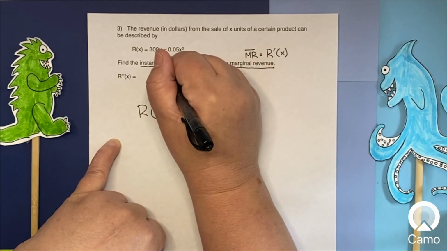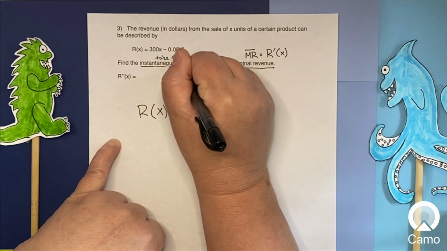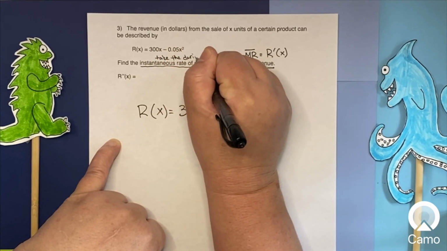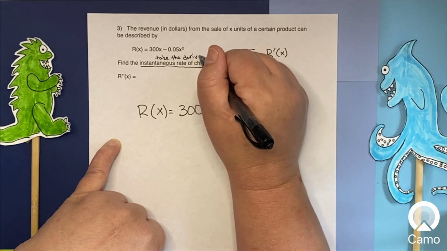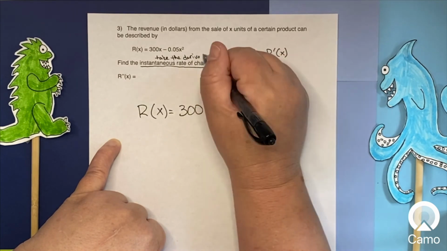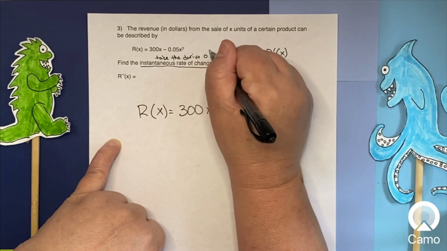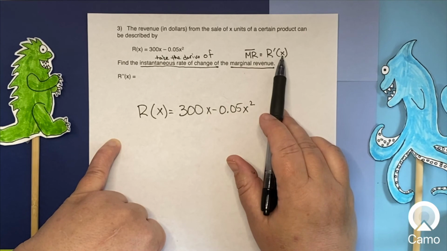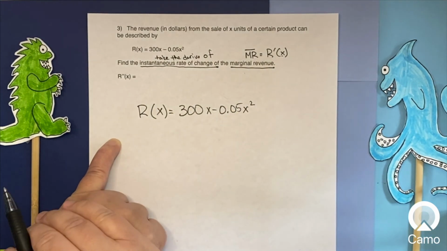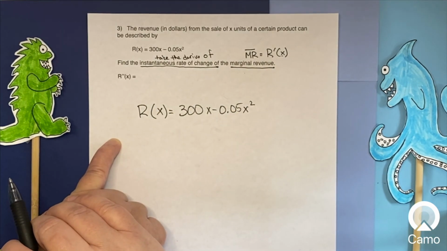Take the derivative, I'm running out of room, take the derivative of this. So that is why it's a second derivative. Does that kind of make sense? Take the derivative of this guy. So we've got the marginal revenue, that's the first derivative, which would be, so this is the marginal revenue.